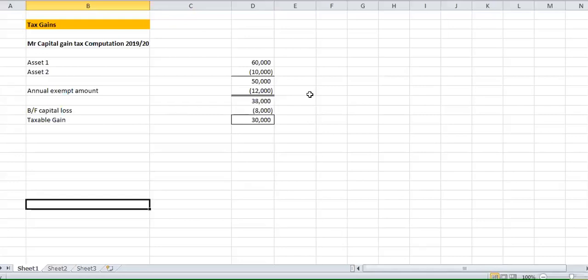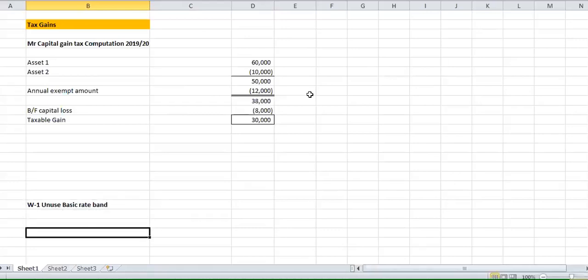So now let's move towards the working. Working number 1. In this working, we will calculate the unused basic rate band. What is the first step? Add all incomes of an individual. First of all, we are going to calculate taxable income.